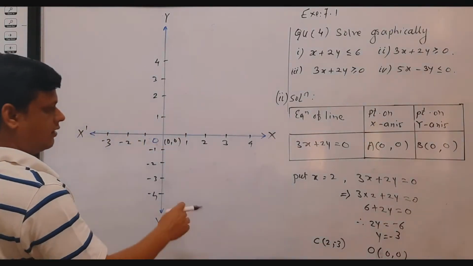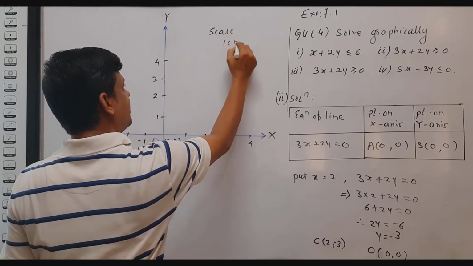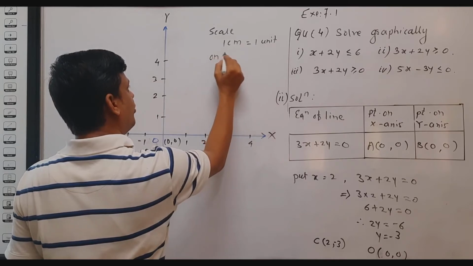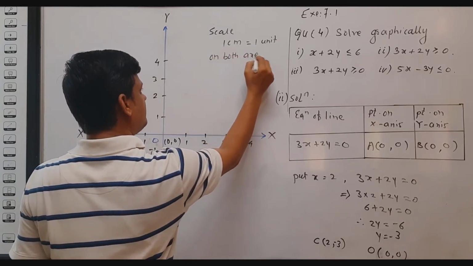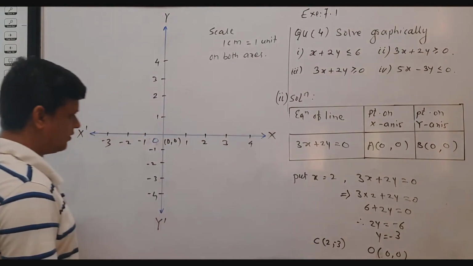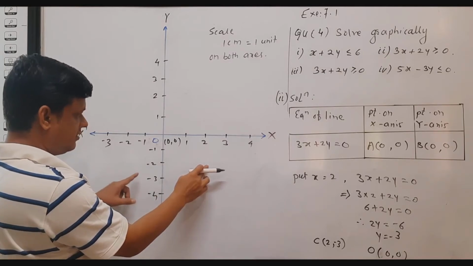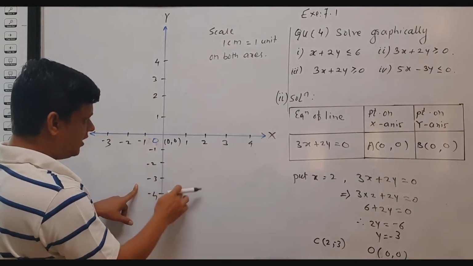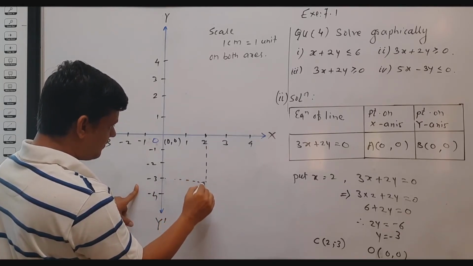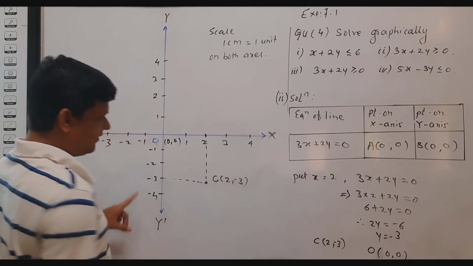So we take the scale as 1 centimeter equal to 1 unit on both axes. So we take this point C of 2, minus 3. We have to take plus 2 on the x-axis and minus 3 on the negative y-axis. So this point is here, C of 2, minus 3.